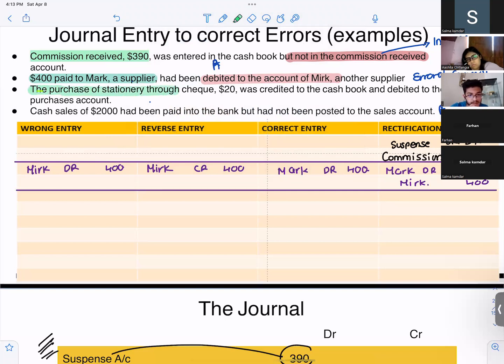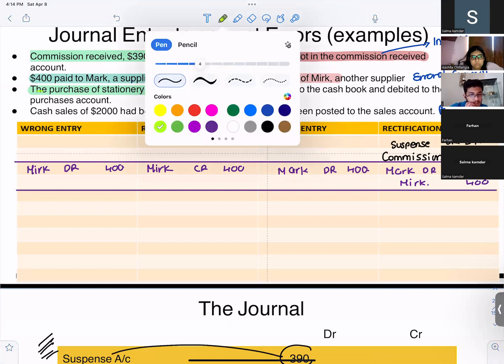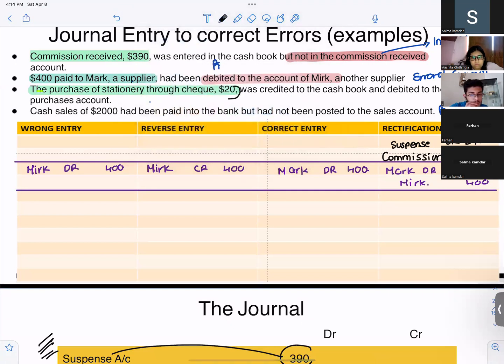So what is the correct part? Purchases will be credited. Think properly. The first part is the correct part.